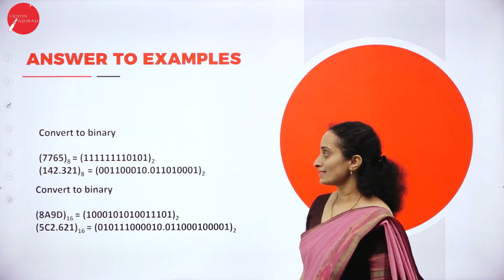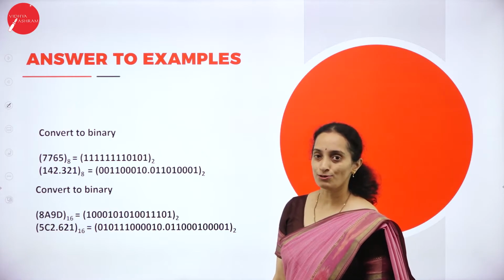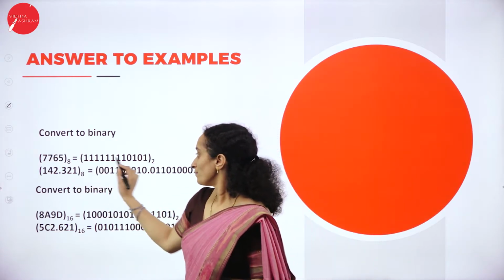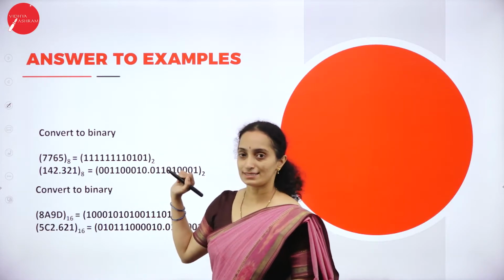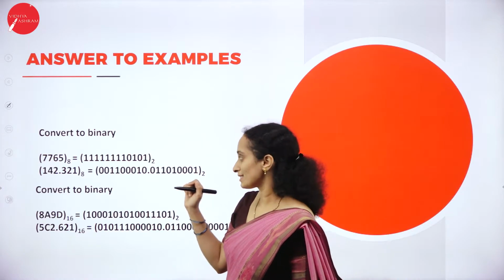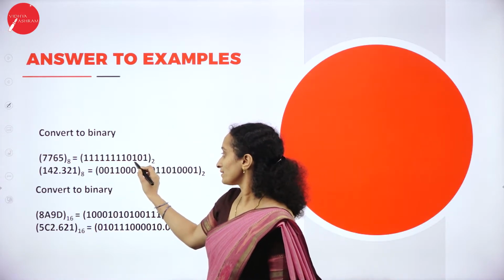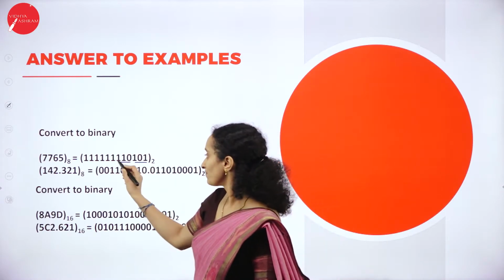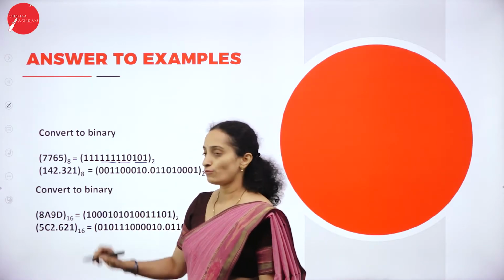Next is converting octal to binary. You can represent each number by 3 digits. You can refer to the table in the first slide. 5 can be represented as 101, 110 for 6, 111 for 7.